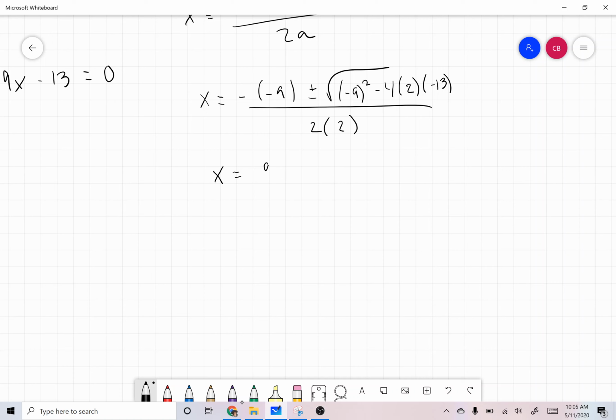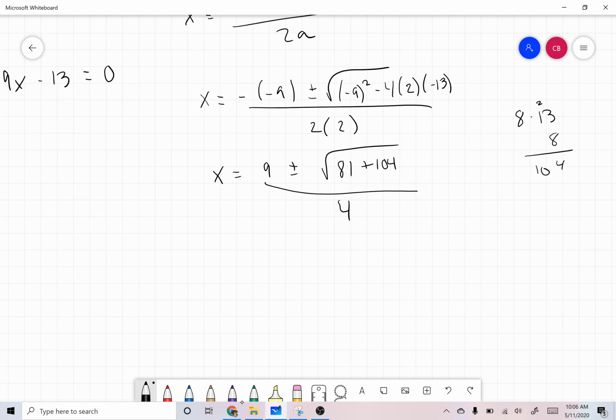X equals 9 plus or minus the square root of 81. We want to know what 8 times 13 is. So 8, 24, 104, plus 104. Okay, so that's going to be that all over 4.